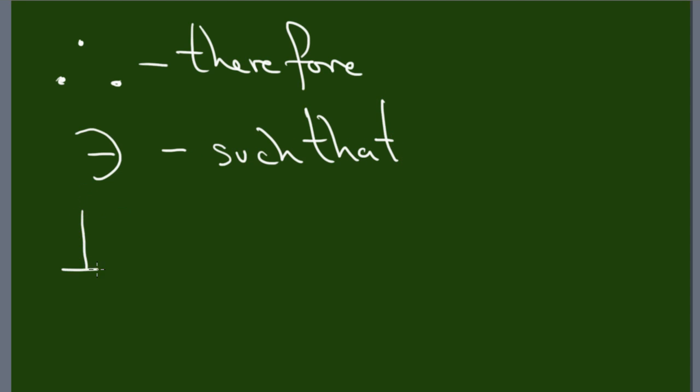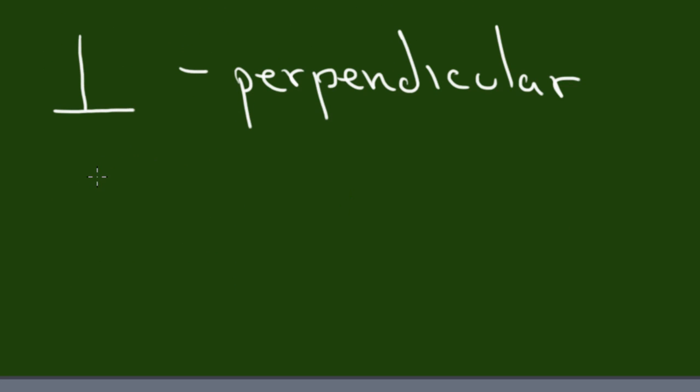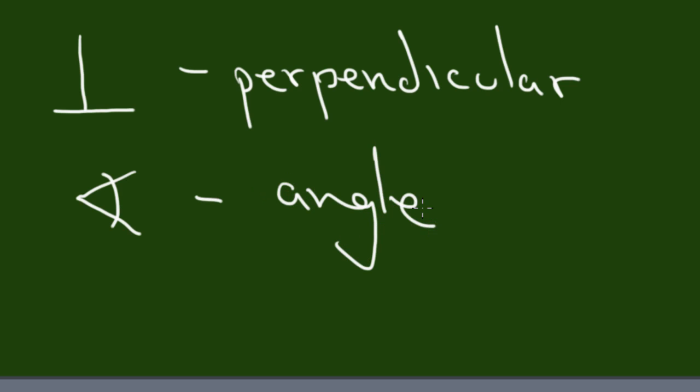Also, this upside down T, which means perpendicular. We also have a less than with a little semicircle intersecting it, which is for angle. And finally, I may also be using the symbol which is up like two L's, which stands for parallel.